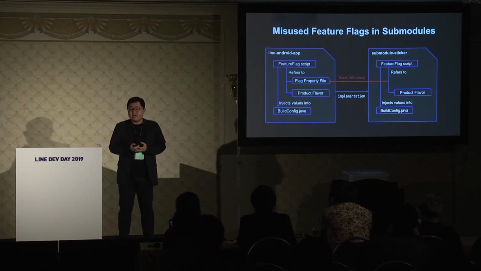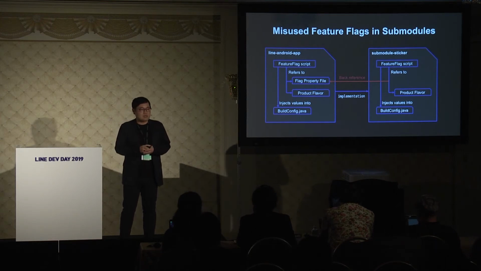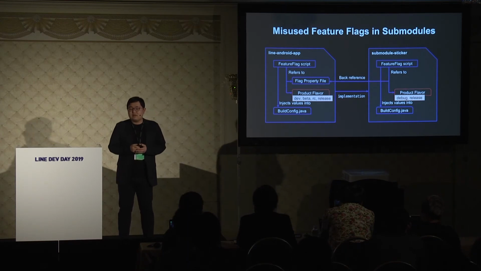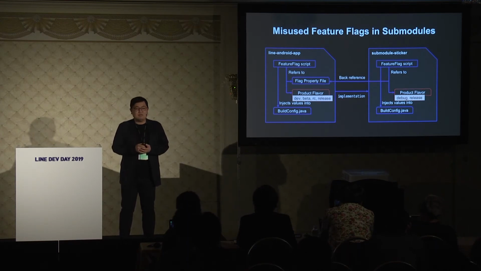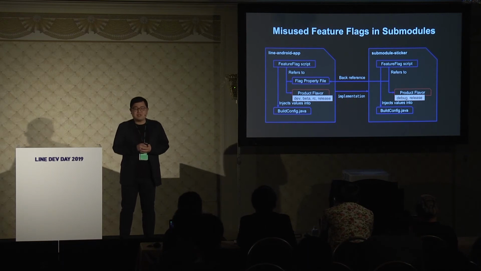Originally, the submodule side doesn't have to refer to the property file, which is the feature list of the entire app. And the second issue is that the product flavor used to decide the flag value is not the same. That is the difference between the modules.